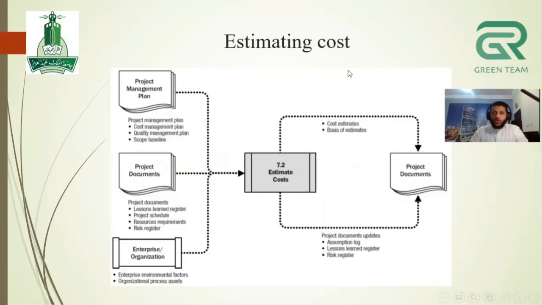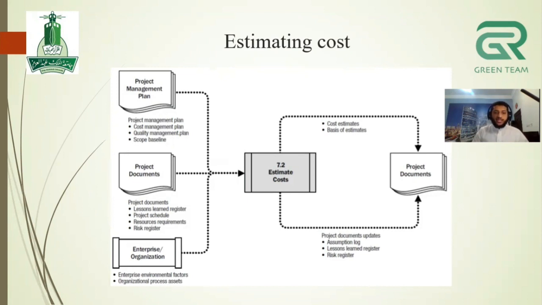In estimating cost, we have three main inputs to estimate the cost for any project. The first one is the project management plan, and it is the input for all processes, the master plan.